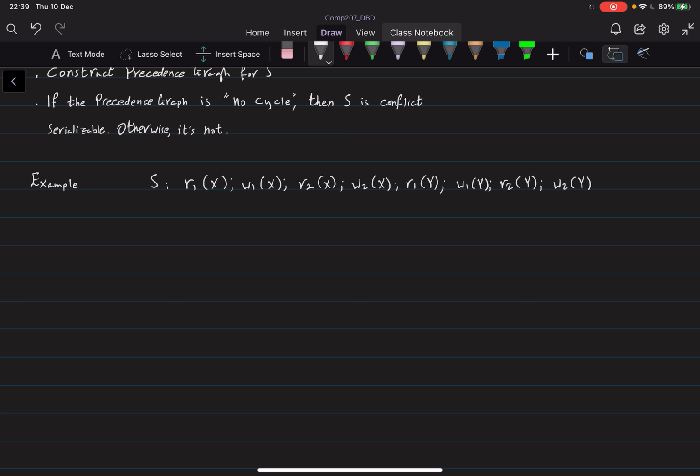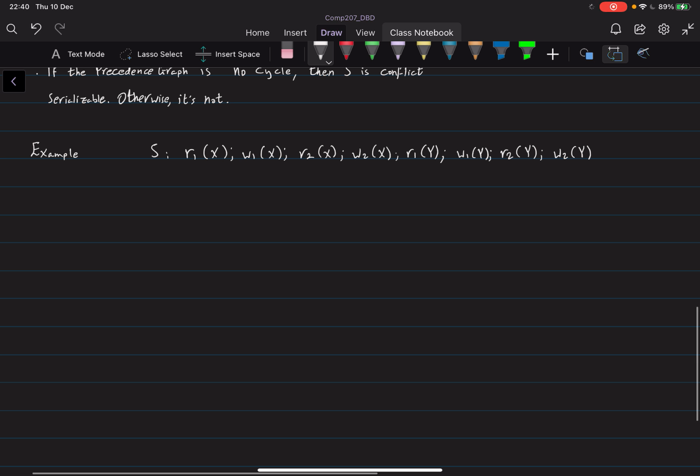So we are reading and writing on 4 elements on Y and 4 elements on X. Okay, so the precedence graph for this, we can construct it together, but this time I will do it considerably quickly, because we have done this already in a previous video. But this would look something like this.